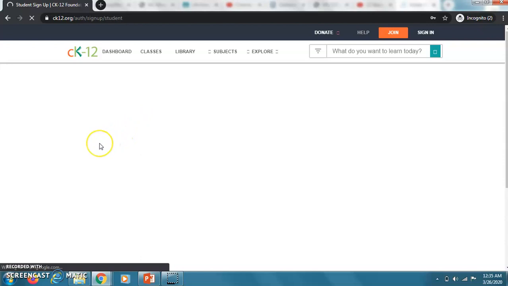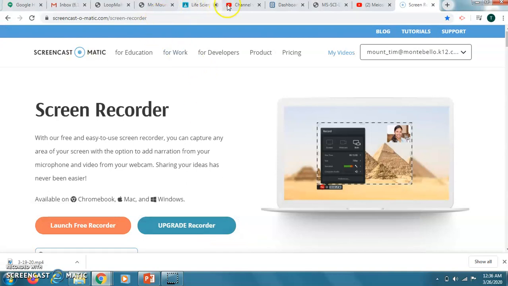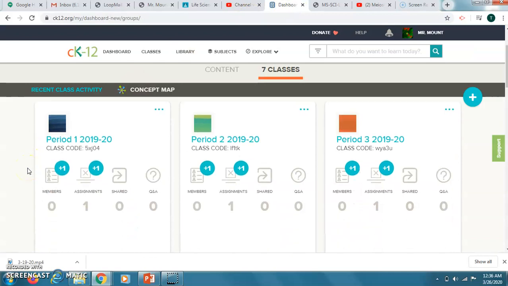So after it loads here, hopefully it loads soon and I can show you, but let me for now show you the class code and I'll come back to this one. If you look here on the CK12 website for the dashboard, I did one for all the different class periods.